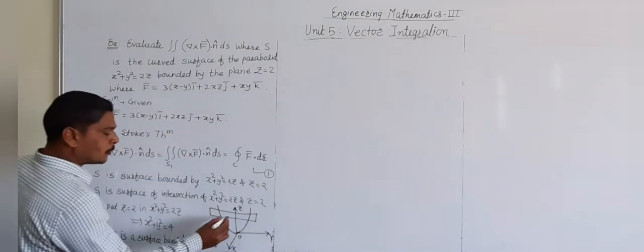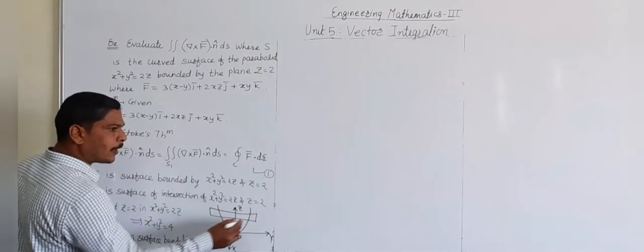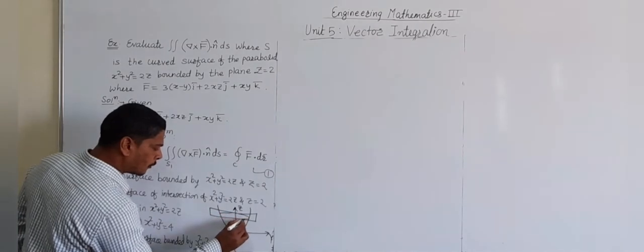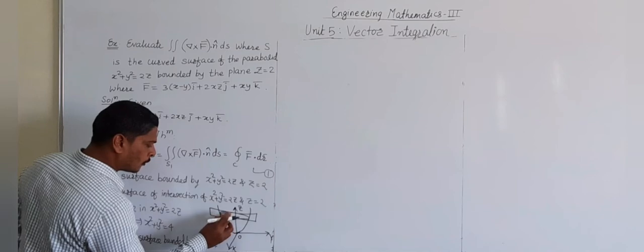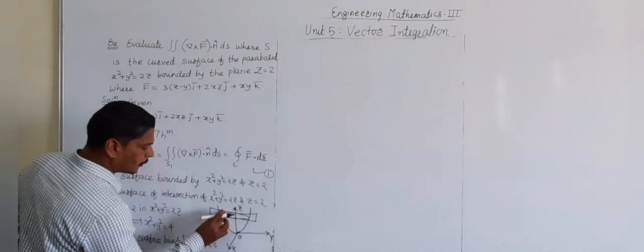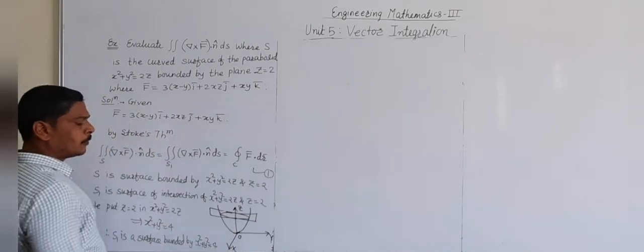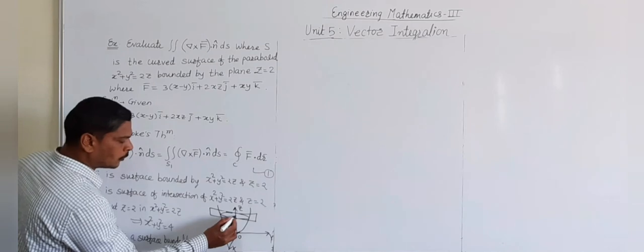Okay, so somewhere there is an intersection between this paraboloid and the plane. So this intersection is like this. Okay, this is the intersection between the paraboloid and the plane z is equal to 2.